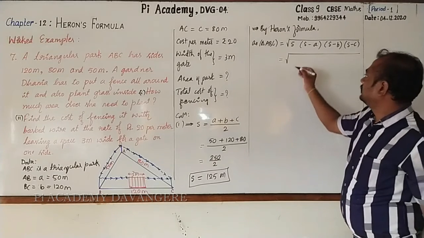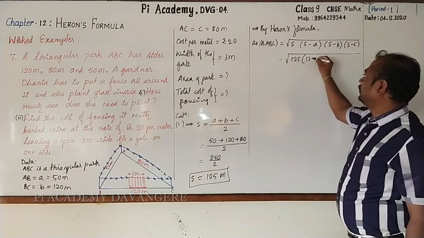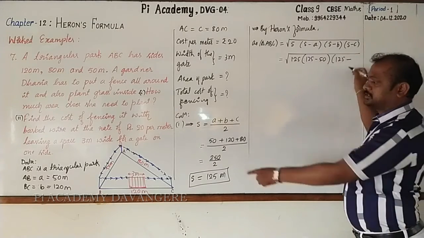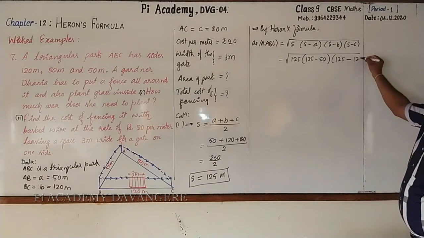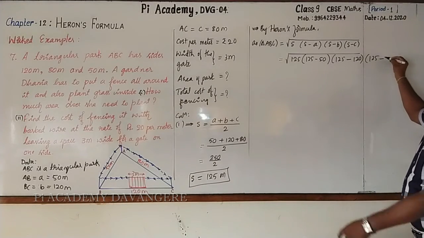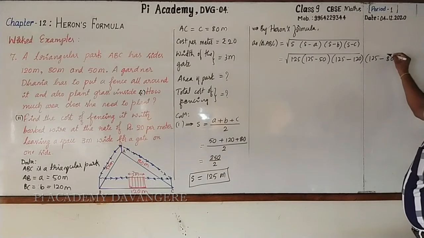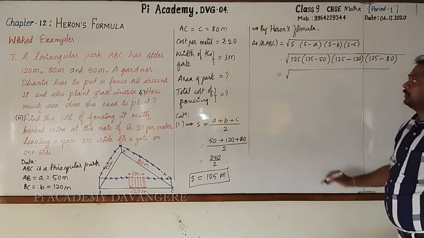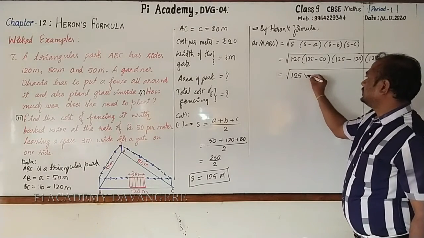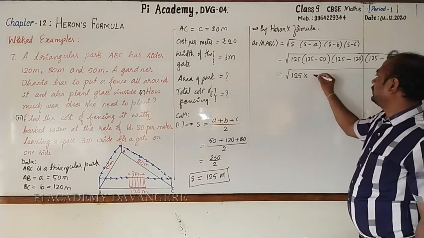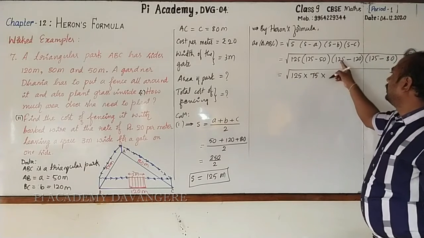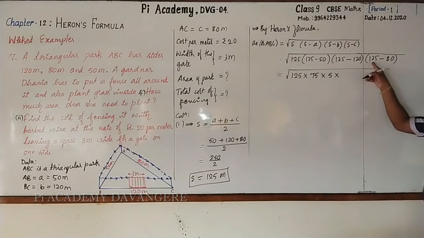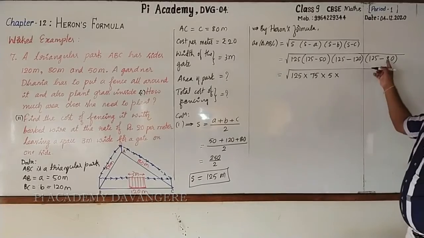S is 125, into 125 minus A, which is 50, into 125 minus B, which is 120, into 125 minus C, which is 80 meter. This is equal to square root of 125 as it is, 125 minus 50, very good, it is 75, 125 minus 120, it is just 5, then 125 minus 80, it is 45.